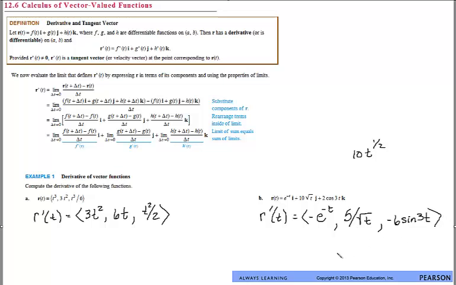I can write that in terms of i, j, and k, with parameters, or in this vector notation. Seeing as they gave it to me with an i, j, and k hat, I should leave it as such. So e to the minus t i hat plus 5 over square root t j hat minus 6 sine 3t k hat.